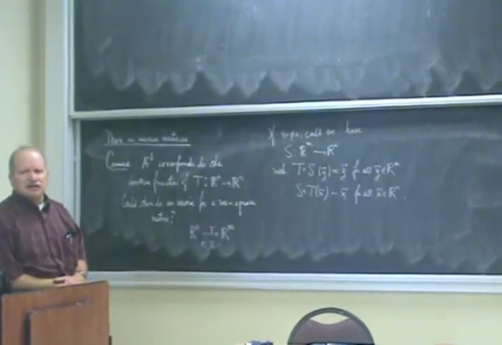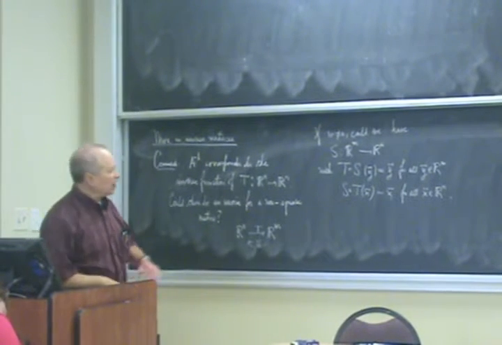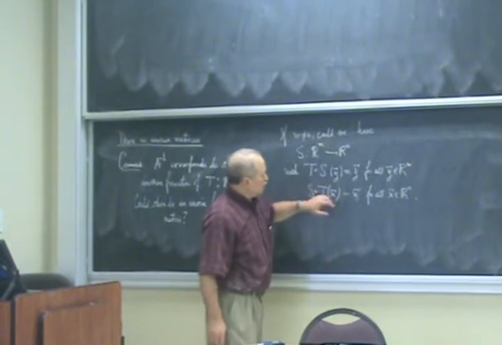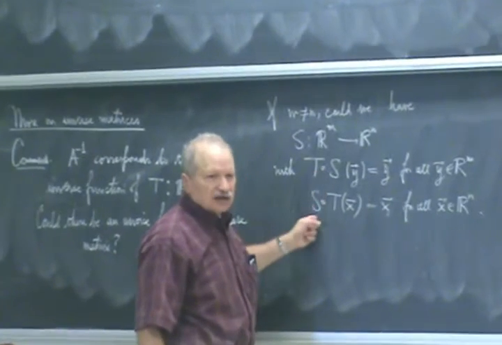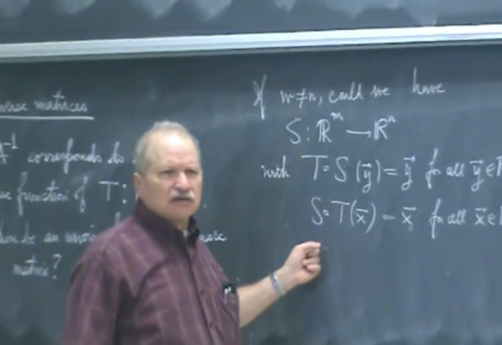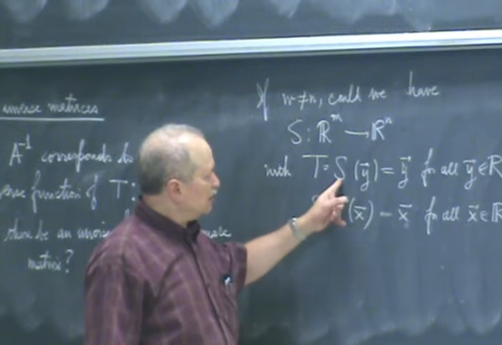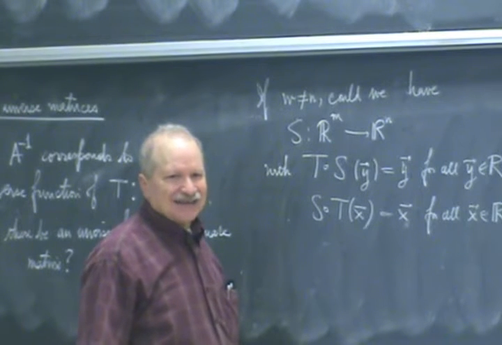Do you remember something about what it means, if you just have a mapping between two sets, for these kinds of equations to hold? Does anybody know this? Onto? Yeah, one-to-one and onto, right?